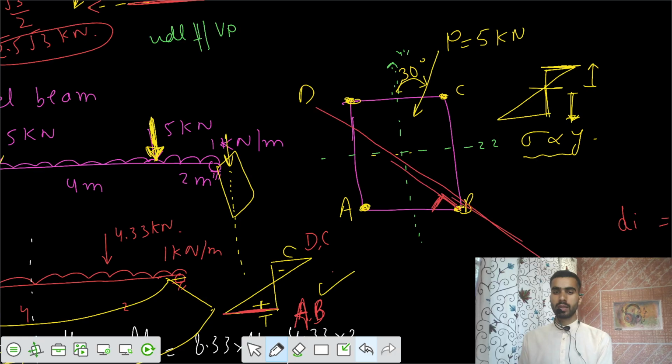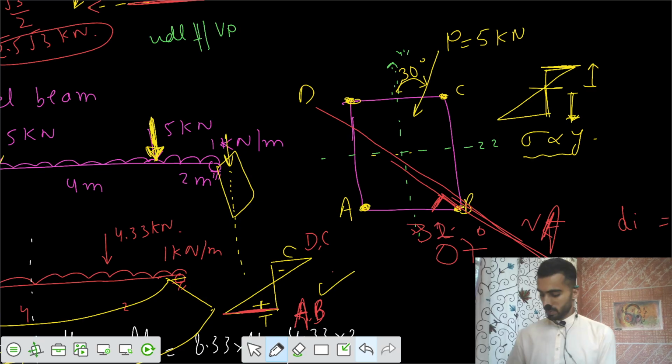So this is the neutral axis, at 32.07 degrees. Perpendicular to that there is the plane of bending.